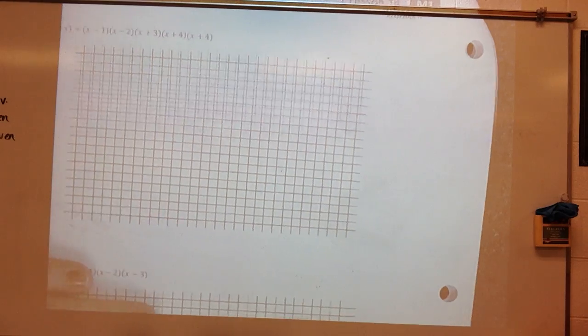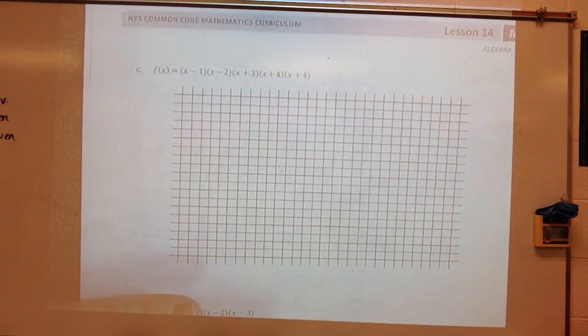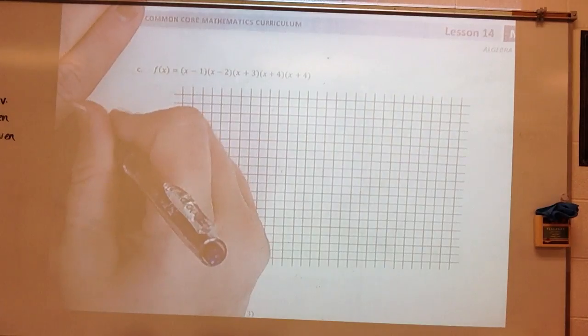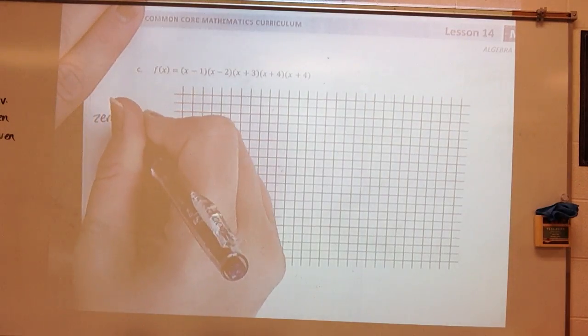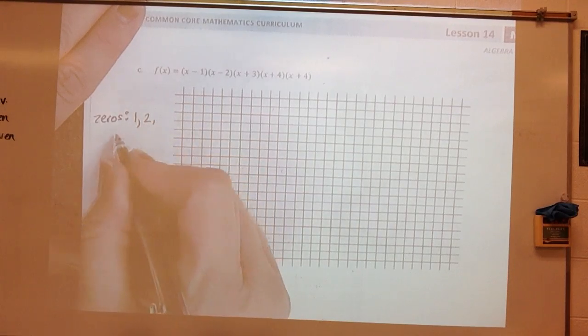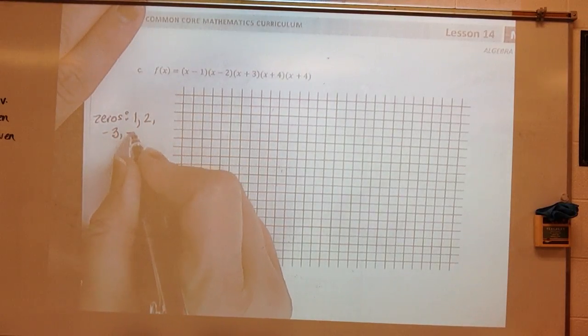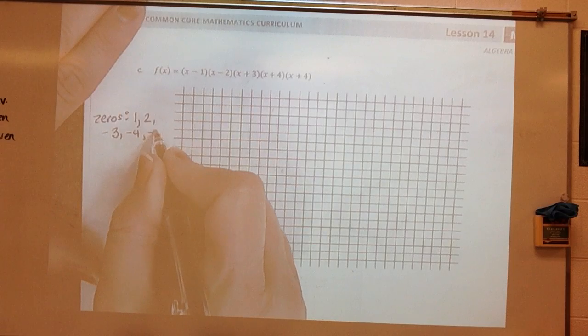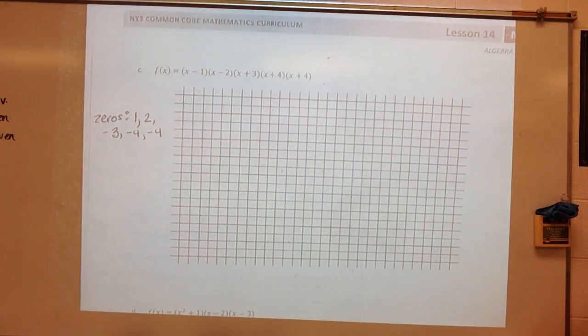All right, let's look at this next one, part C. My zeros would be at 1, 2, negative 3, negative 4, negative 4. Okay?